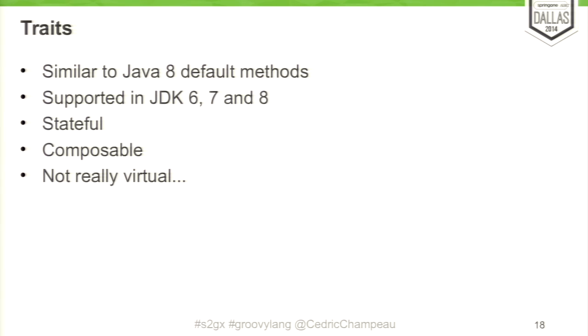So before we see Java 8 in production, well, it would take some time. Traits in Groovy work on JDK 6, 7, and 8, of course. So you have that feature available in production-ready JDKs. It's not a problem. Traits in Groovy are stateful and composable.